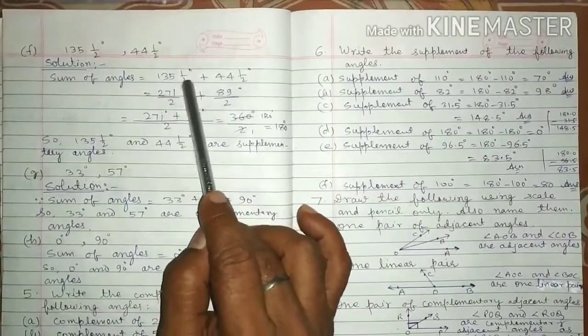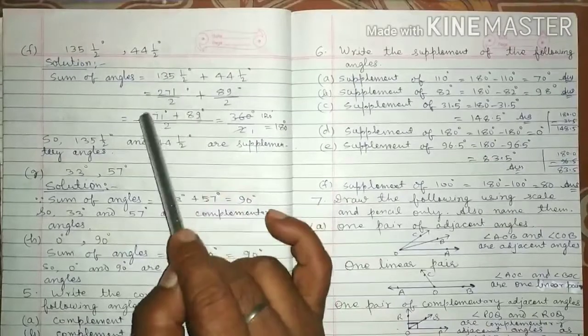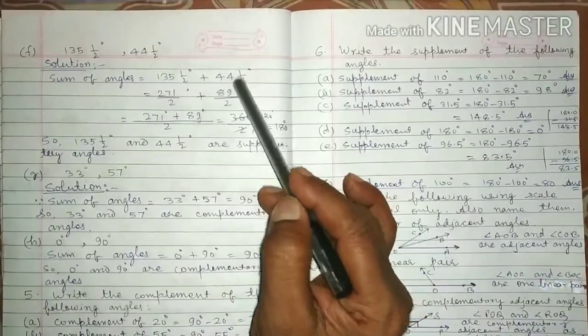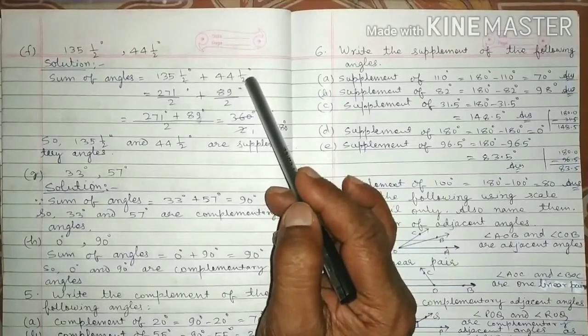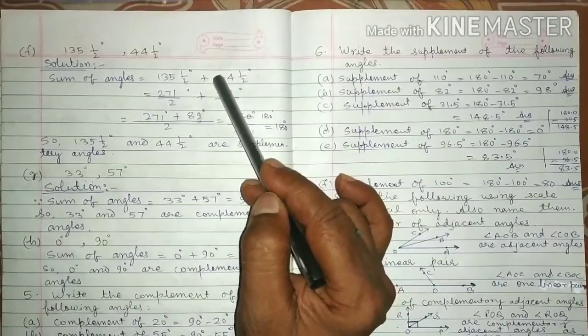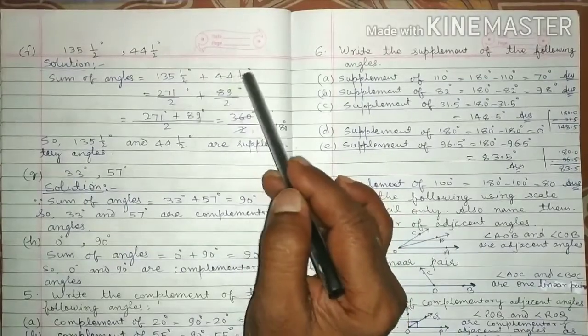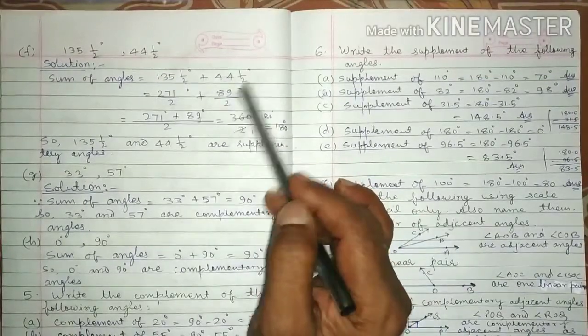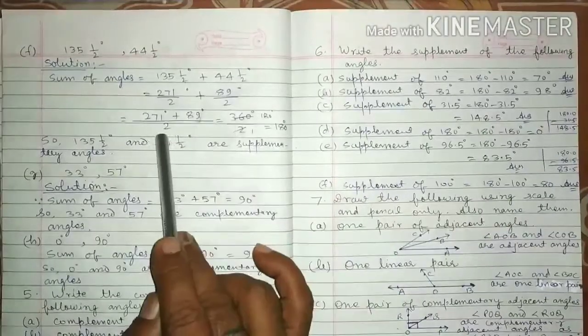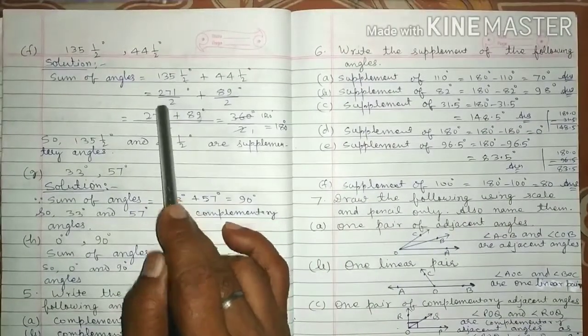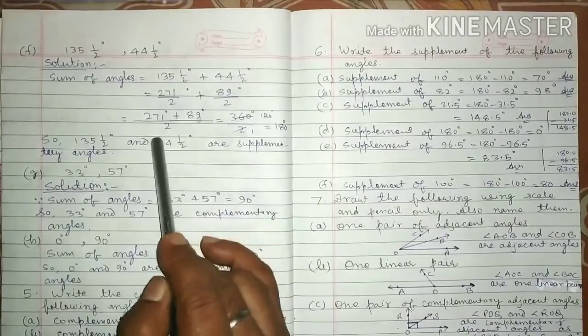This equals to 135 into 2 plus 1, 271 by 2 degree. And again we change into improper fraction, multiplying 2 into 44 and adding 1. So we get 89 by 2 degree. We take LCM here, then we get 271 degree plus 89 degree by 2.